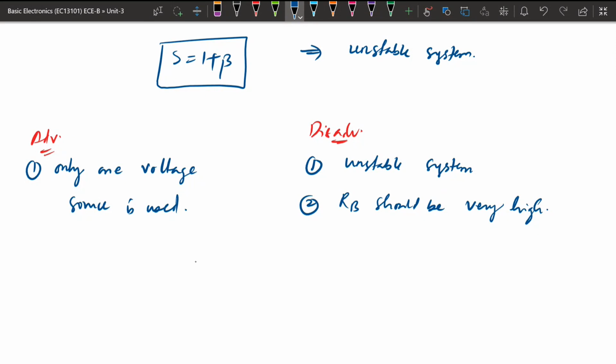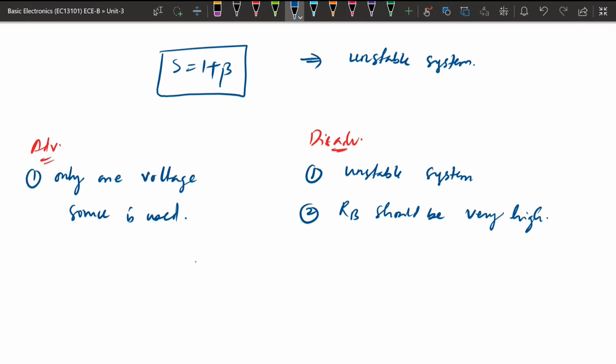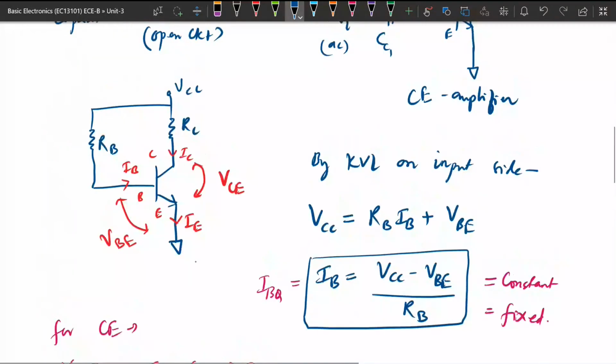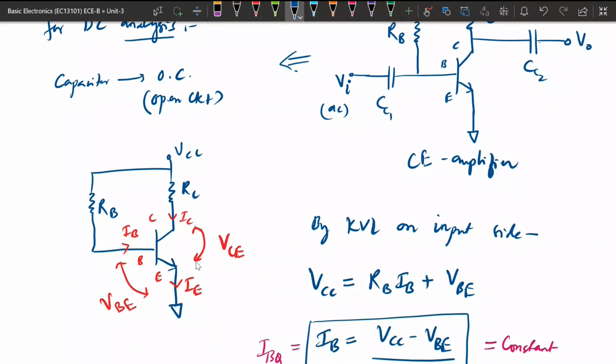Next, in the previous class we were biasing the input side, so that we calculate the IB value. Once we have calculated the IB value, with respect to that we get IC and VCE. So the main motive is to decide IB. IB can be decided using a separate voltage source, but for designing a circuit we should avoid using multiple voltage sources.